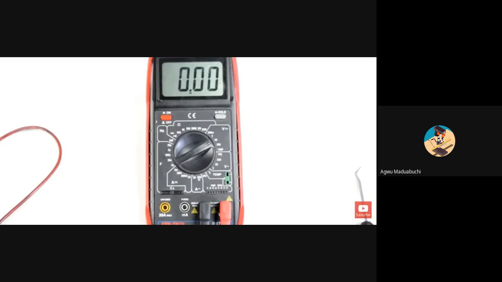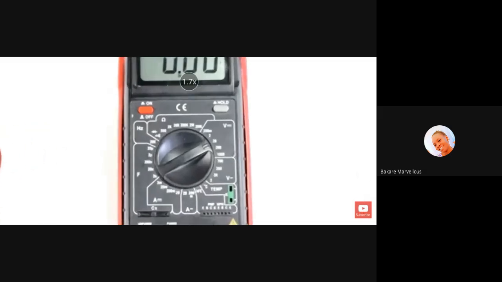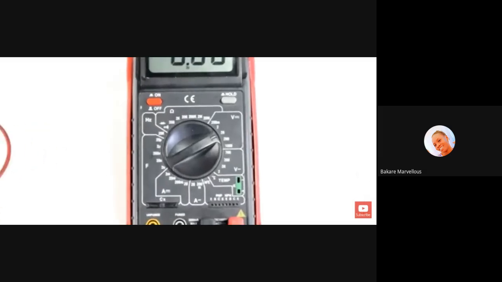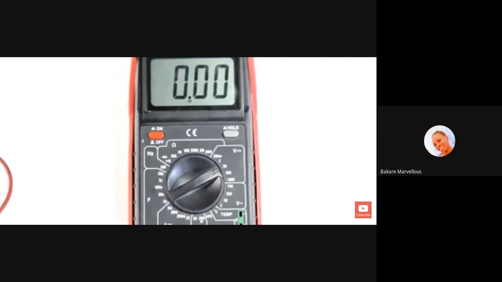So this one, is it analog or digital? Digital. Very good. I don't know, most schools still use the analog, but in case you come across the digital, that's why I want you to see it. You will notice that you can use a multimeter to measure resistance, current, voltage. Yes, this is digital. So that's that.